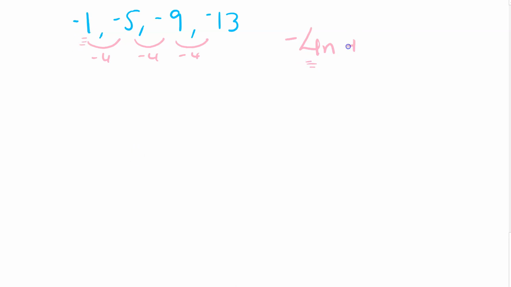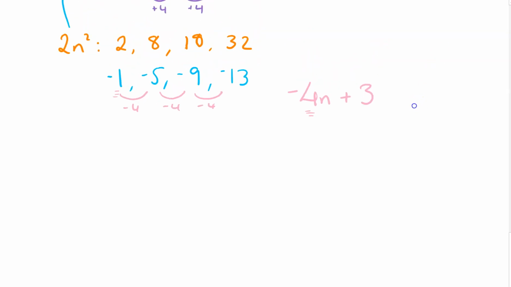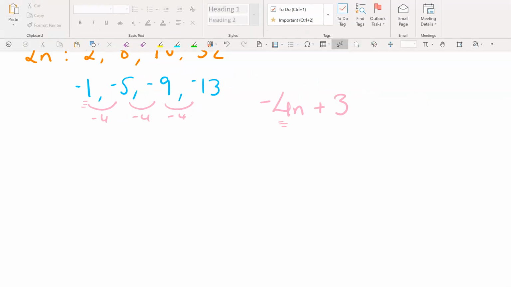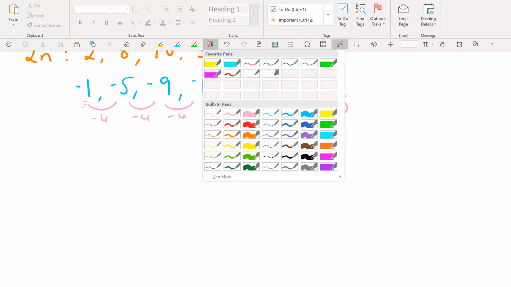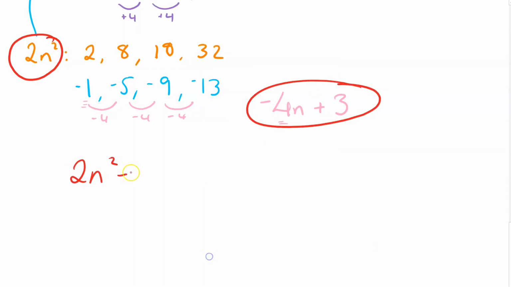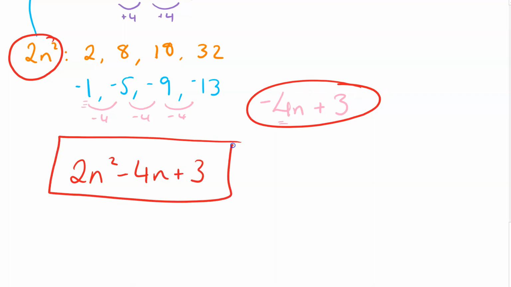So to do that, you have to add 3. So all in all, you've got 2n squared there. And you've got minus 4n plus 3. That is your nth term.